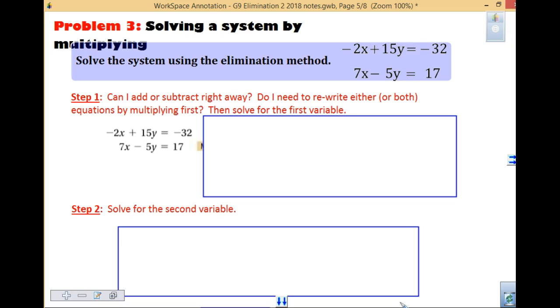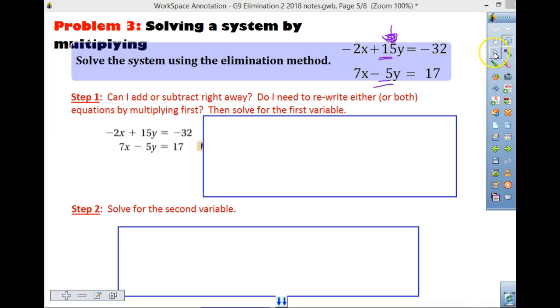So if we look at these equations, do we want to eliminate the x's or the y's? And we are actually going to eliminate the y's. So put an arrow above your y's, which means I need to have a number that both 5 and 15 go into, and I want the smallest number possible that they will both go into.